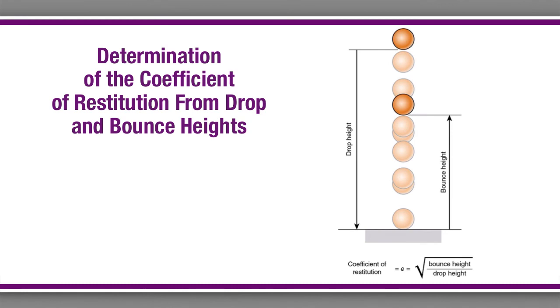A fairly easy way to determine coefficient of restitution, especially in a sport that involves some type of ball, is dropping this ball from a specific height onto an immovable object such as a floor, all right? And then mathematically, you would determine the coefficient of restitution by square rooting the bounce height divided by the drop height.